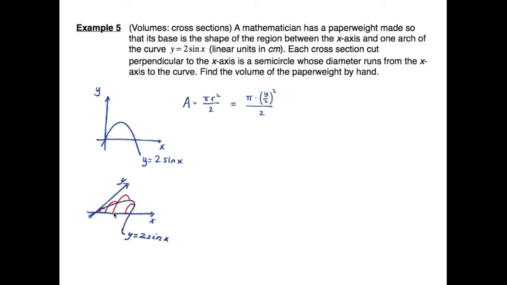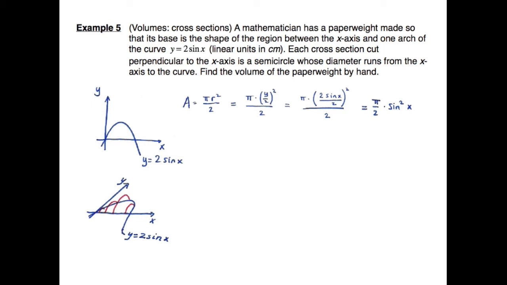Sorry, the diameter is f of x, so the radius is f of x over 2, which I wrote here as y over 2. If I substitute y, we get area equals pi times 2 sine x over 2 squared over 2, and this simplifies as pi over 2 times sine squared x.